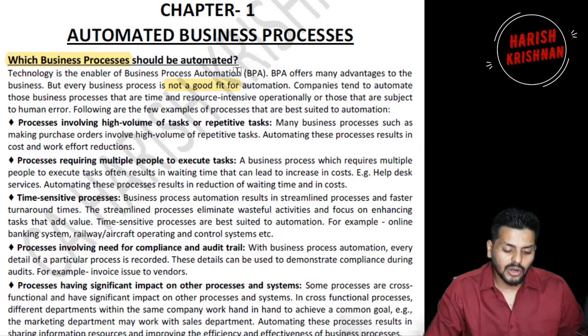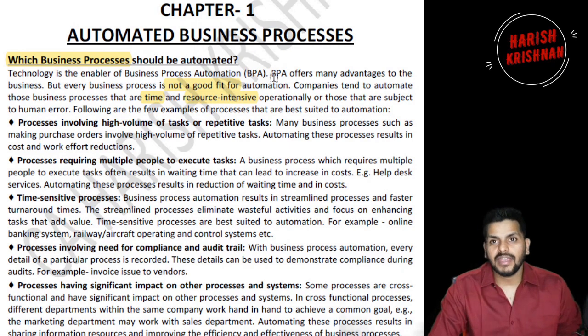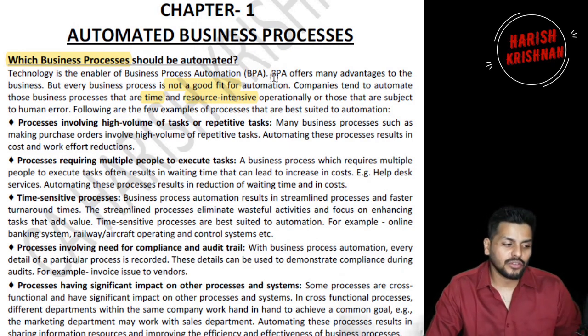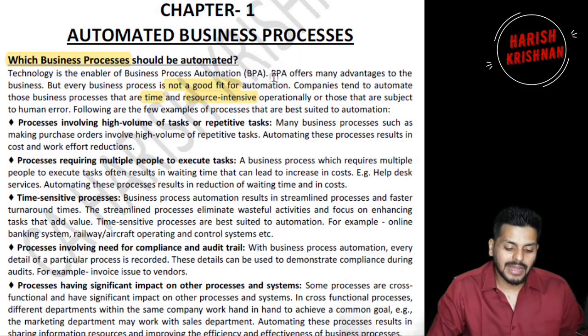Companies tend to automate those business processes that are, underline two words, time and resource intensive. They should save time and they should save resources. If both these are not happening, then what is the point in automation, right? They both should happen, and that is exactly why we look for doing the automation. Business processes that are time and resource intensive operationally, or those that are subject to human error.